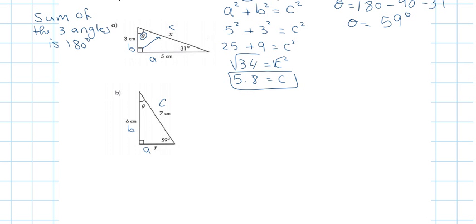So it's a right angle triangle, which means I'm going to have to use the Pythagorean theorem. So what do you do now? What are you going to plug in?